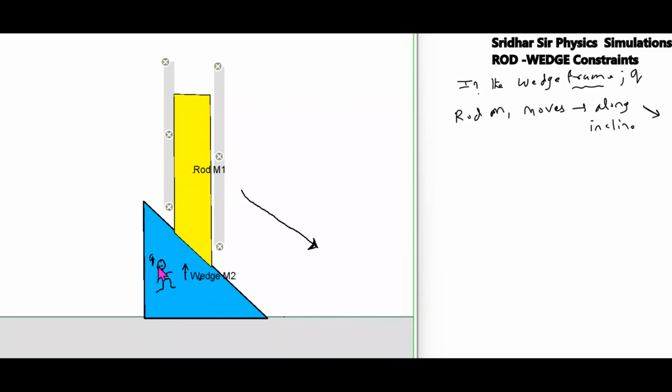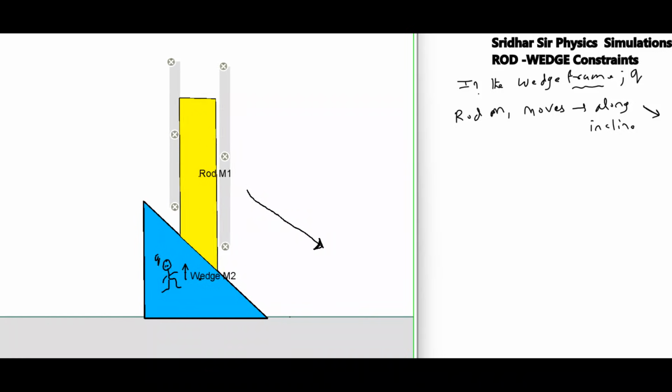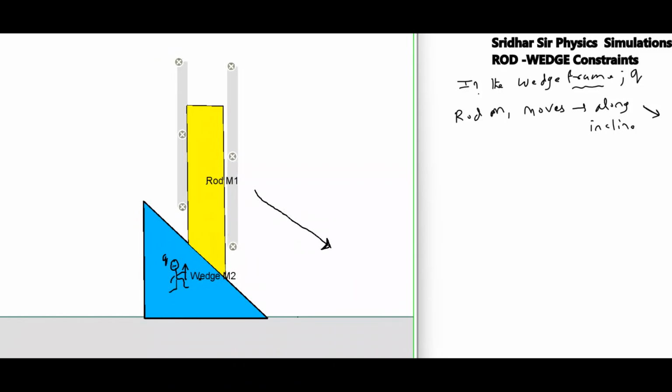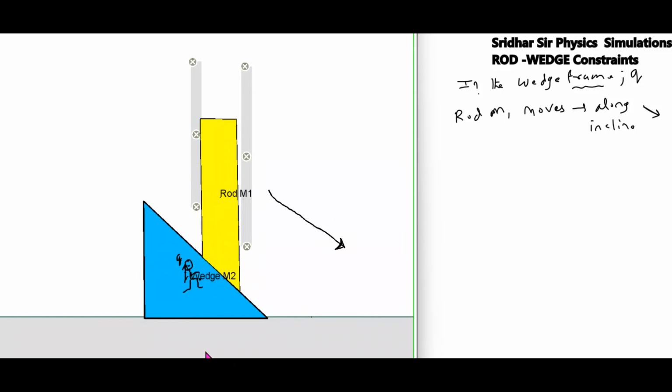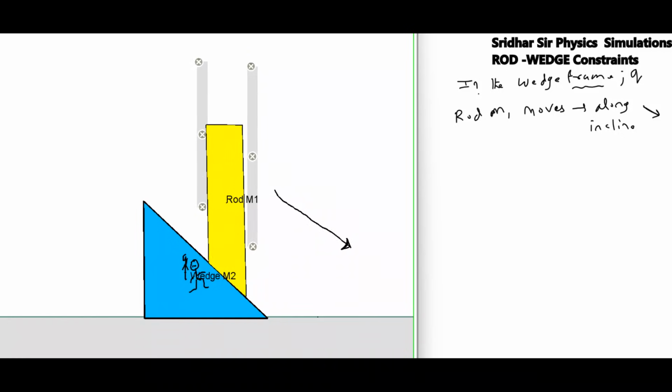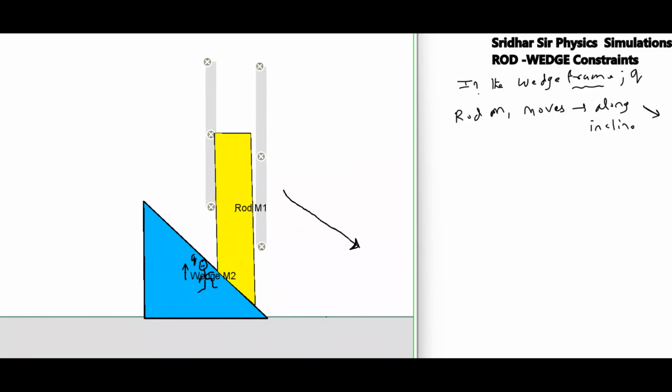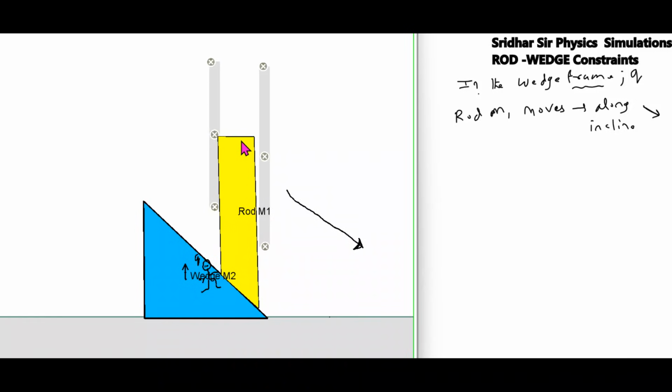Now in the wedge frame, a frame of reference, how will the rod M1 move? You can see clearly the rod M1 will move along the incline and there won't be any relative acceleration normal to the incline. There will be relative motion along the incline, and that's what you can see clearly. So that is the motion of the rod with respect to the wedge.